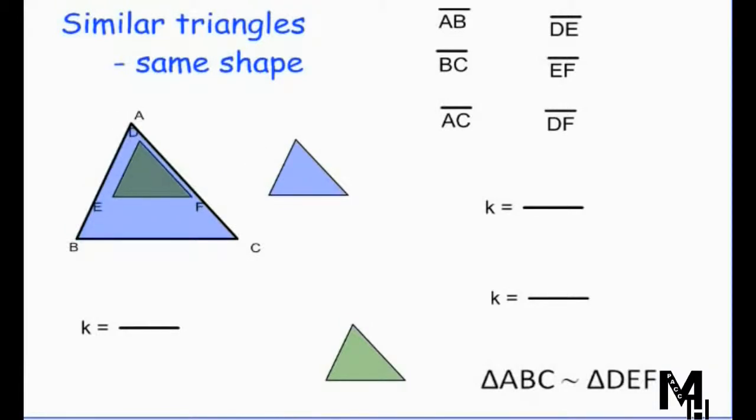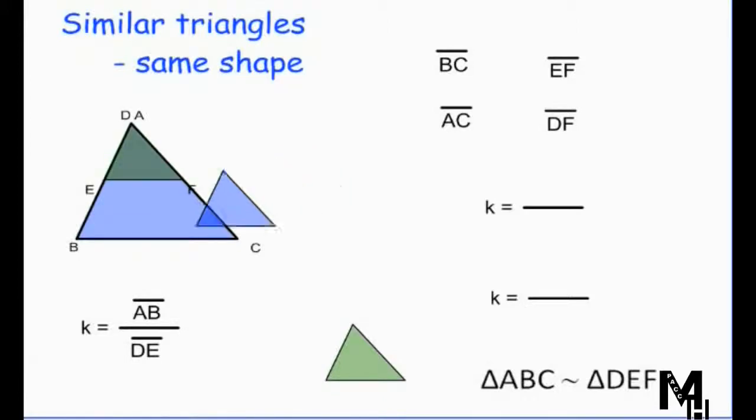This means that AB divided by DE gives you a ratio. We call that ratio the ratio of similarity. And because it takes two, we can say the ratio of similarity in this case for AB to DE equals 2.